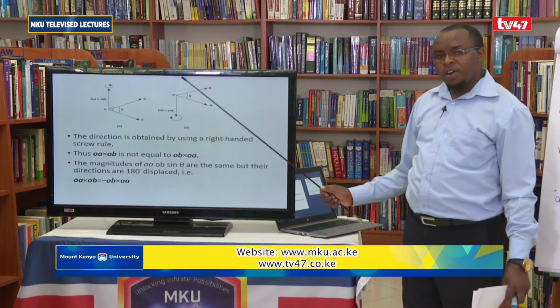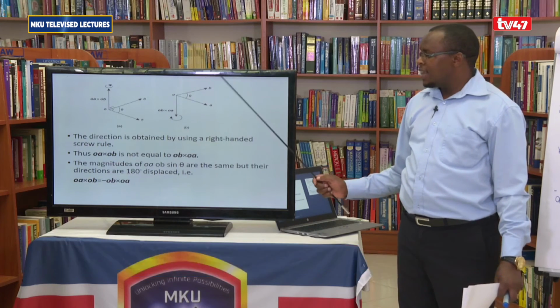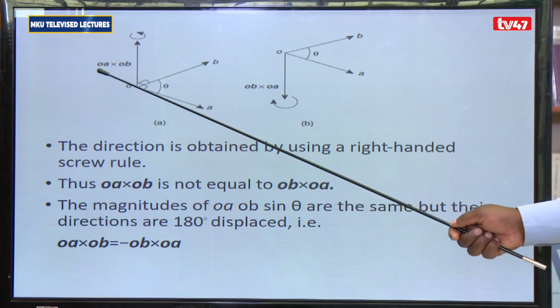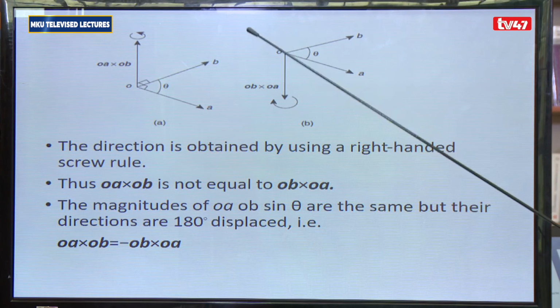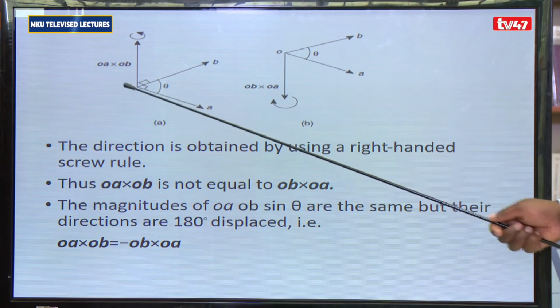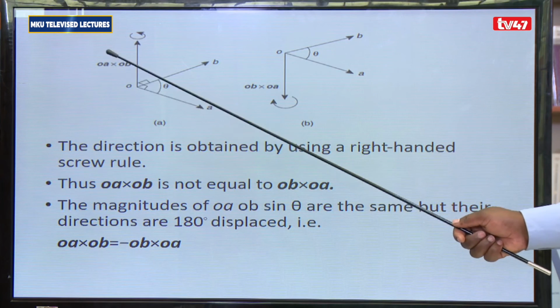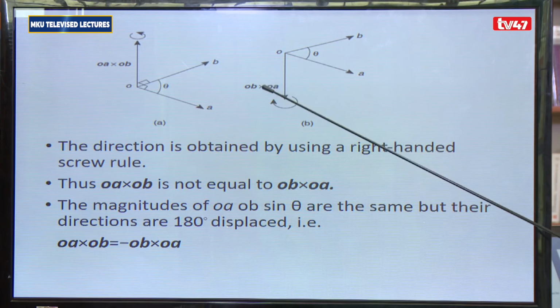And therefore, we conclude that the cross product does not obey the commutative law, which says that if you have two vectors and interchange them, they give the same answer. OA times OB is not the same as OB times OA.